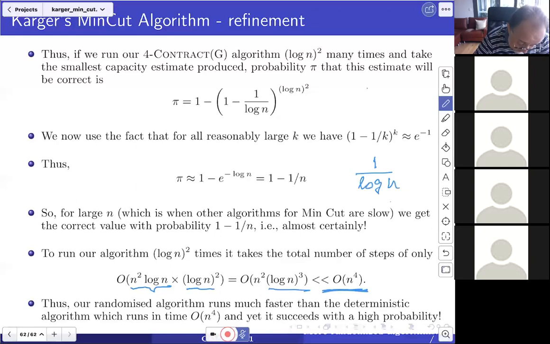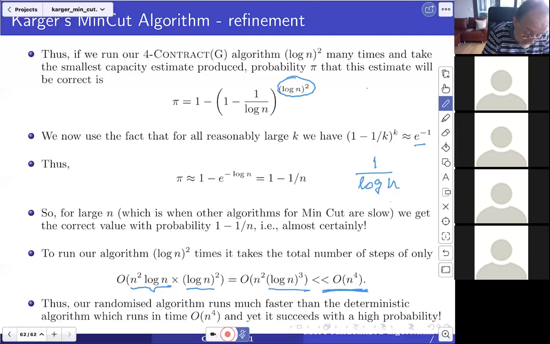Because if you repeat an algorithm with probability of success 1 over log n, if you repeat it a multiple of log n many times, then the probability of failure, 1 minus 1 over log n, to the power log n, is actually large, because it's 1 over e.